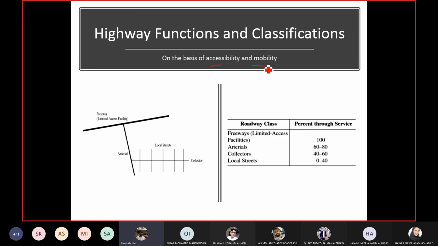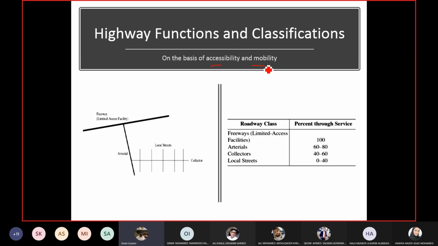If you can go to more areas from the same highway, that highway has more accessibility. Mobility is the ability or ease of movement on the highway. How easily you can move on the highway. Normally it is related to speed. If you can go at high speed, that means you have more mobility.